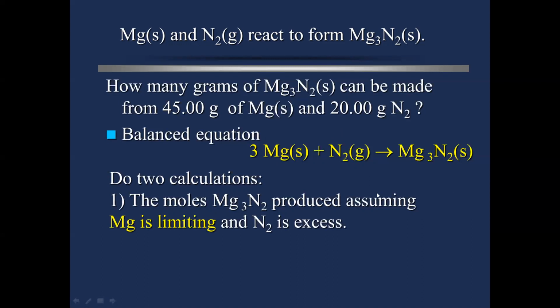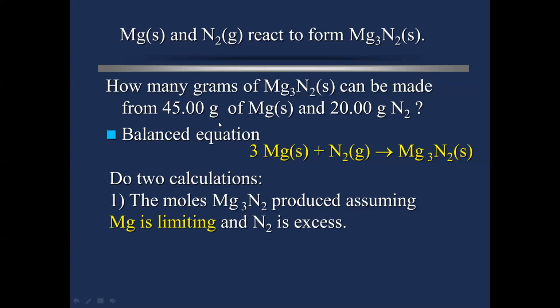So what can we do in this case is two calculations. Our strategy to solve this problem is, first, let's assume the magnesium is limiting. If the Mg is limiting, that means the nitrogen is more than enough. We can forget about it, because you have more than a lot of nitrogen.